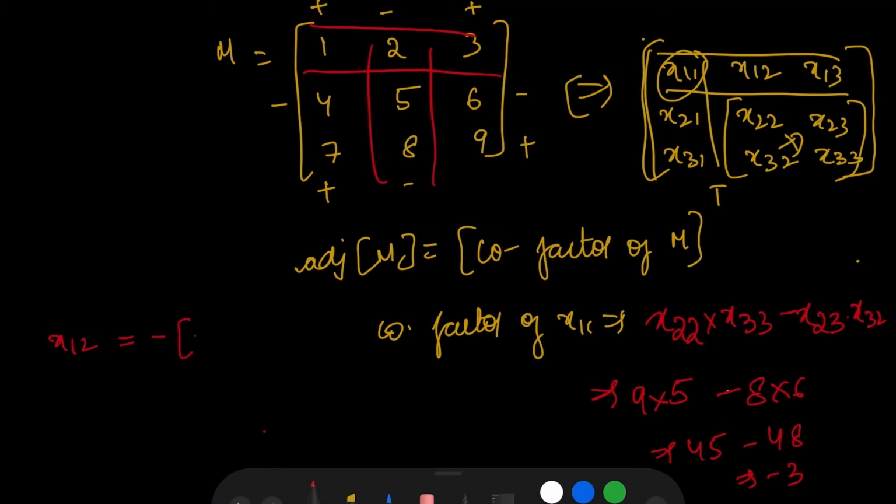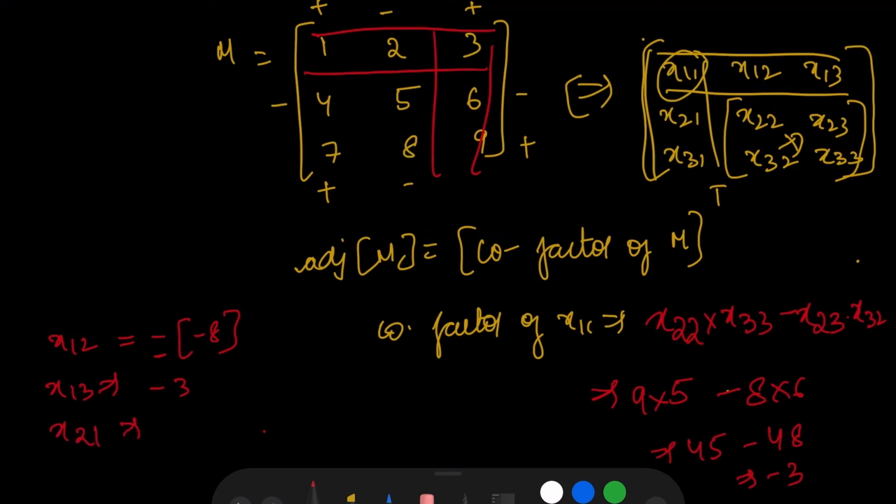So it is minus of, since we have a negative sign here, we have to take a negative sign and then find the cofactor matrix and then put a negative, right? So similarly for x13, ignore the first row and the third column, and the rest of our matrix will give me the cofactor matrix. 32 minus 35, that is equal to negative 3.